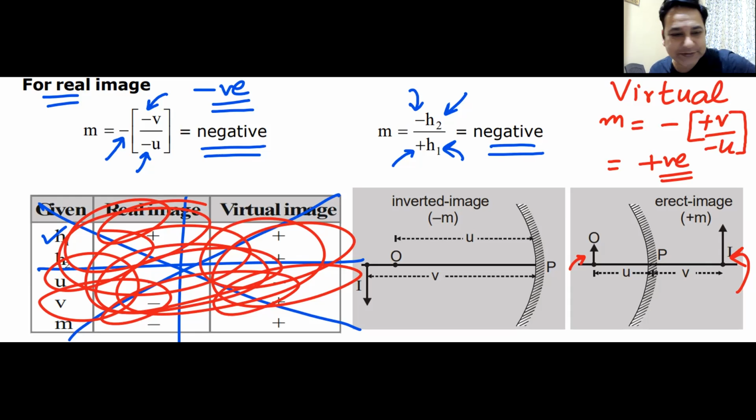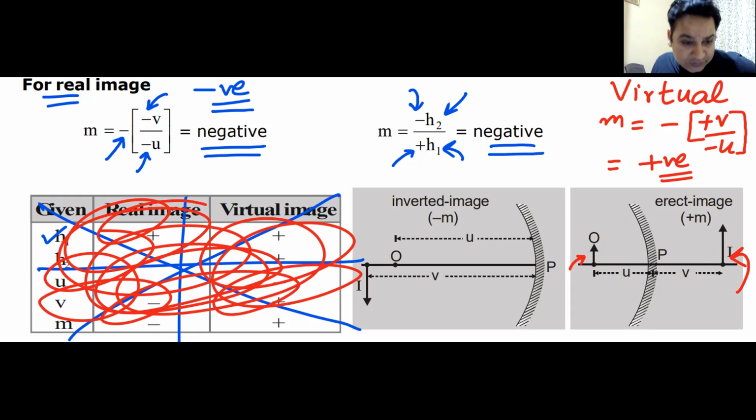This was the magnification which was known as linear magnification, or sometimes it is known as transverse magnification, or lateral magnification.